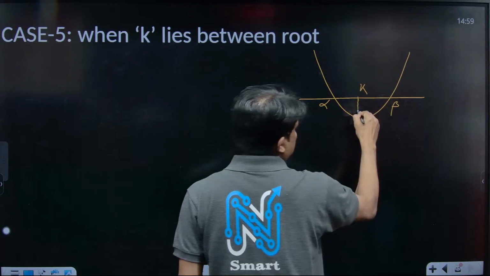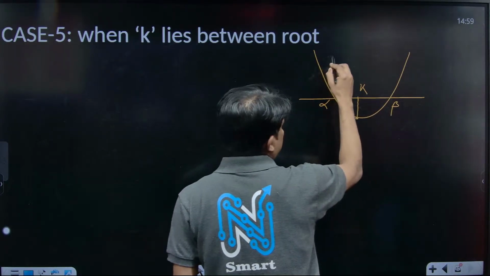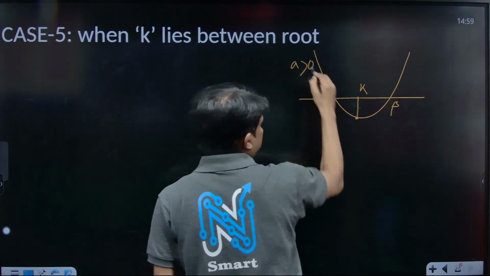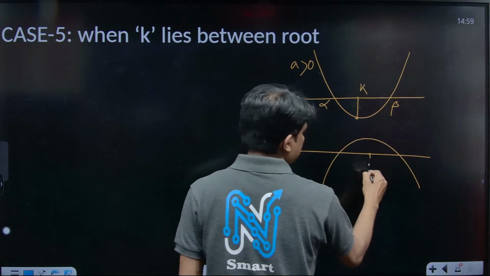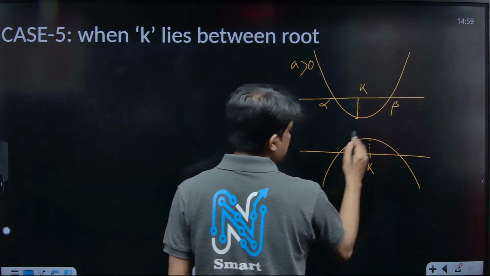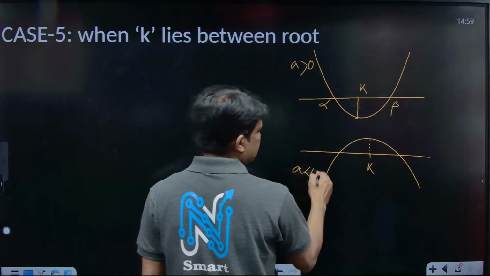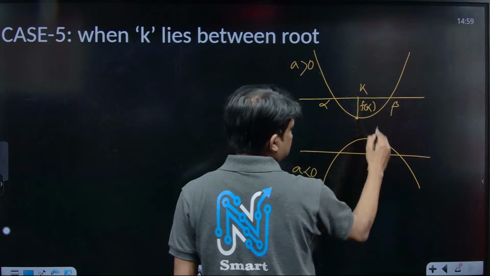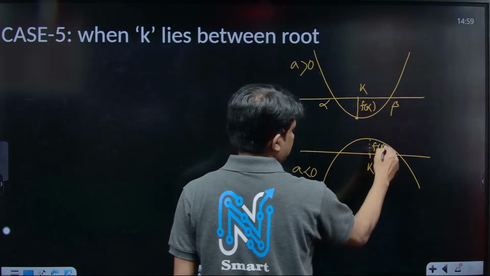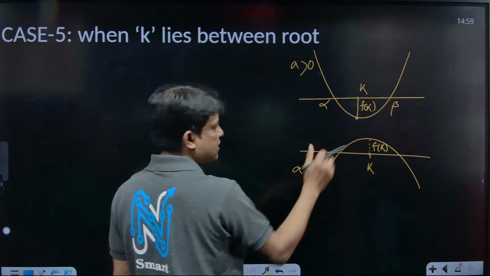At point k, f(k) is negative when a is positive, and f(k) is positive when the parabola is downward, a negative. Product is negative.